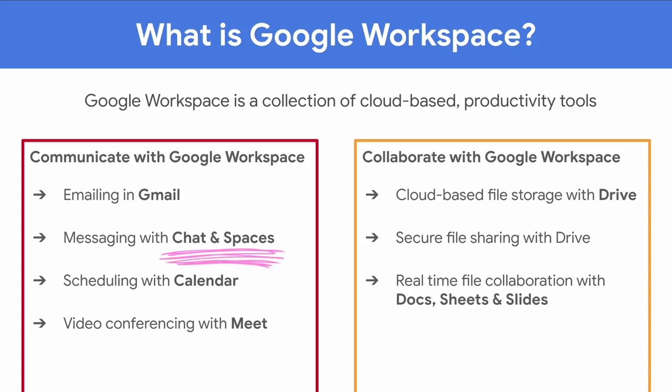There's a Spaces feature for team messaging, where you can also use it to share files, set up meetings with a group of people, assign tasks to each other. They have the calendar for scheduling, and there'll be a few tips on that in this session. And they have video conferencing with Google Meet.